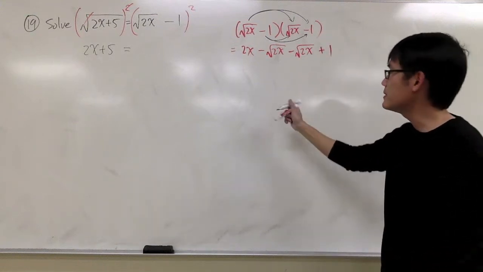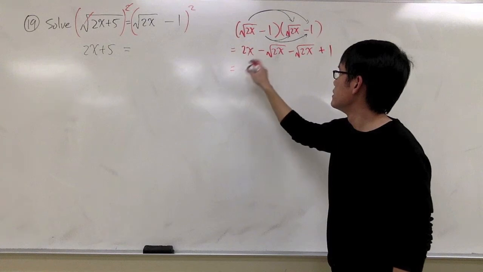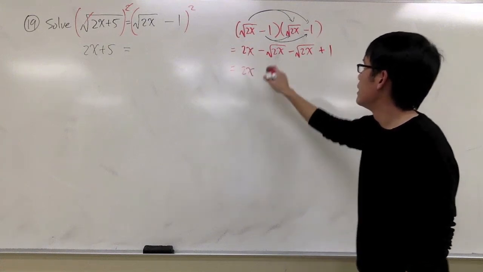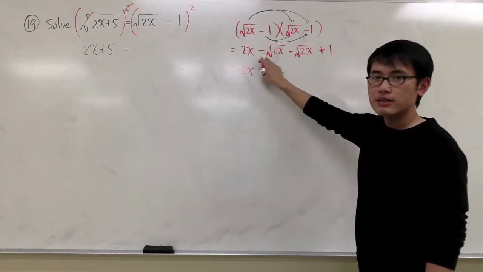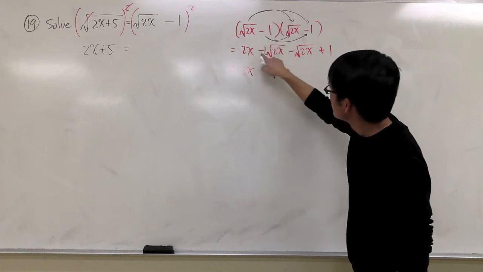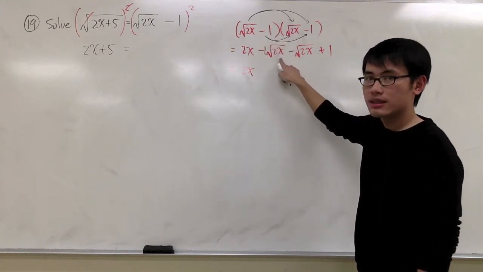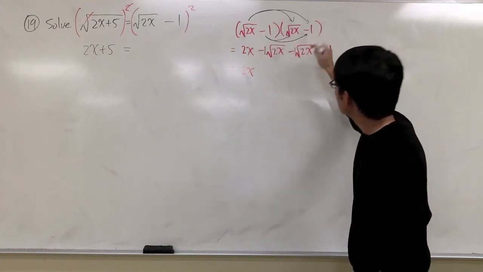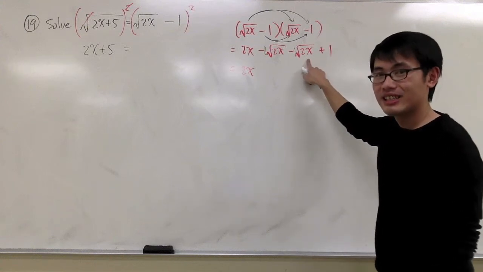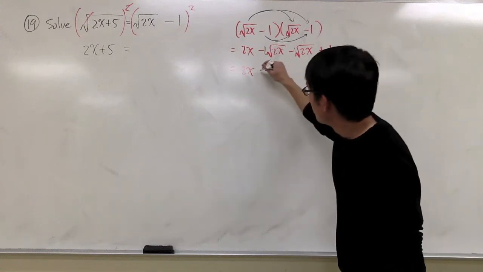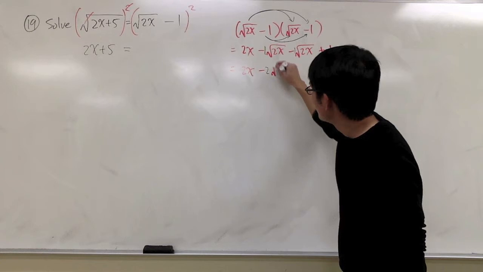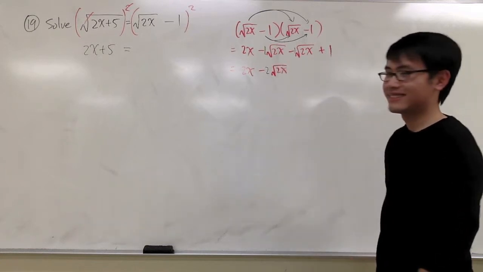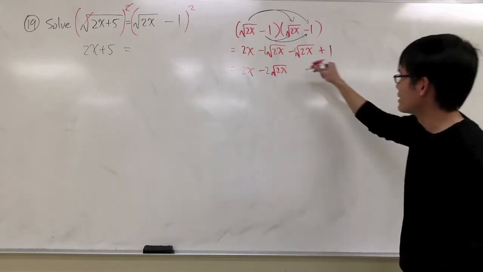And we can combine terms. This is just 2x. And you see that this is a minus 1 square root of 2x, minus another 1 square root of 2x. So altogether, we have minus 2 square root of 2x, plus 1.